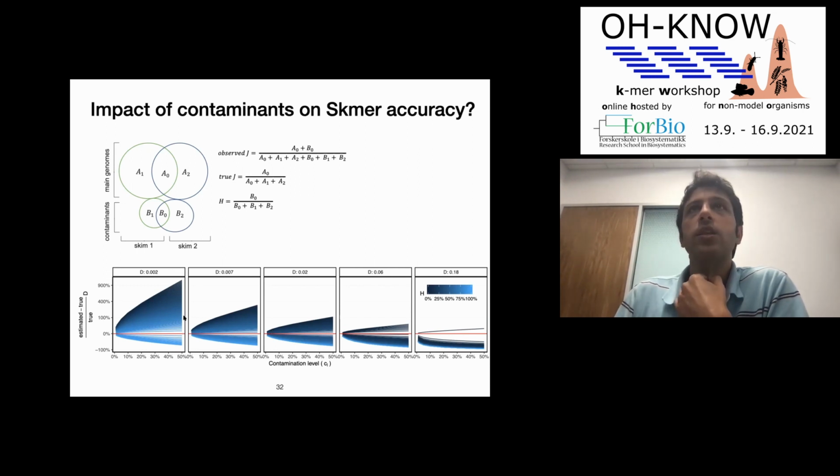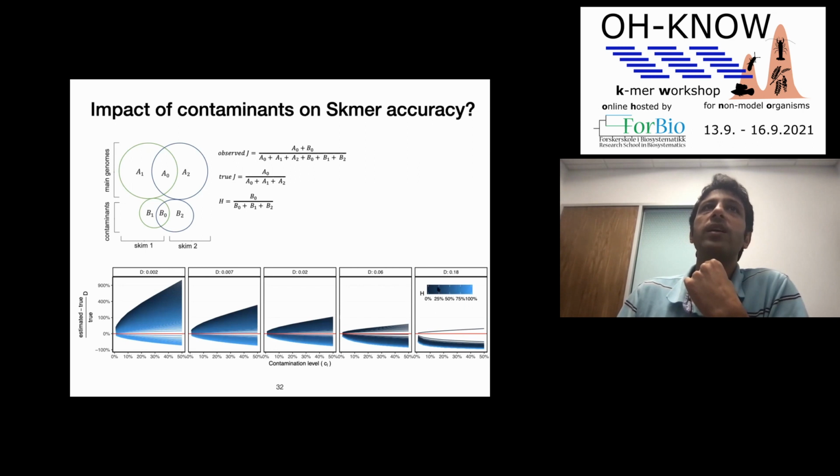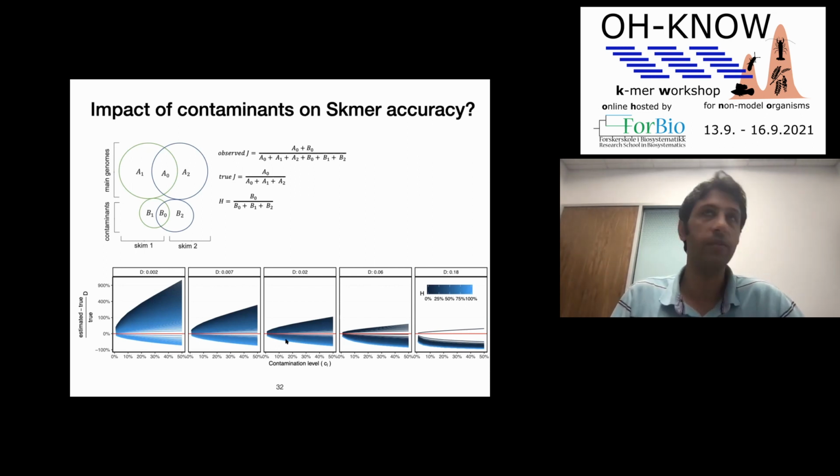The errors in estimation do get very high when the distances are very small or contaminants are very similar to each other, or levels of contamination are very high. So there is some robustness to contamination. It's not like these levels of error shoot up very fast, but contamination can become a problem.